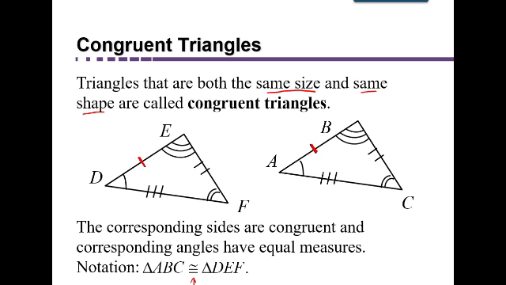So that means that the two triangles are congruent, same size and same shape, but the order of the letters and how you name the triangles is going to matter. So again, we saw that AB is the same length as DE, and you'll notice that when we name the triangle ABC and say it's congruent to DEF, the AB and the DE are the first two letters in each, right?